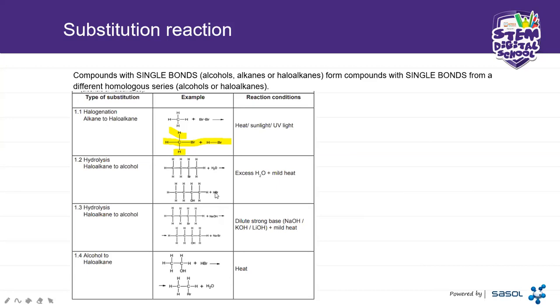Because now we're moving to the next one, where we have haloalkane to hydroxide, and this one we've got our Br there, right? So our product in the end, we're going to have our OH.